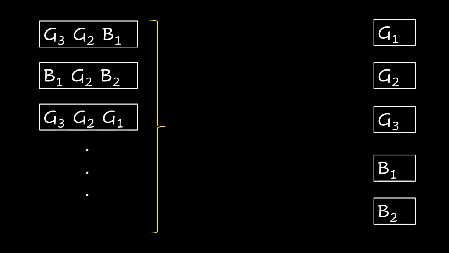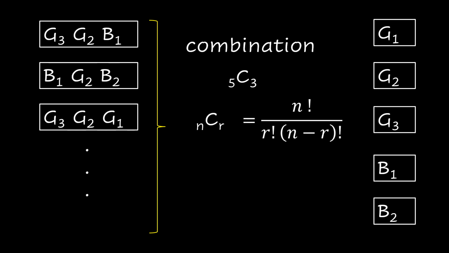If you recall, we can answer that question by using combination because we are actually choosing 3 students as representatives of the class that is composed of 5 students. So we have to use the combination formula. Here's again our combination formula. n combination r is n factorial divided by r factorial times the quantity n minus r factorial.